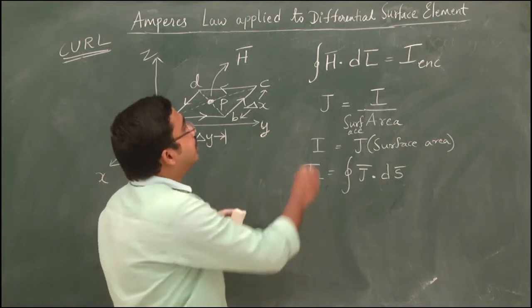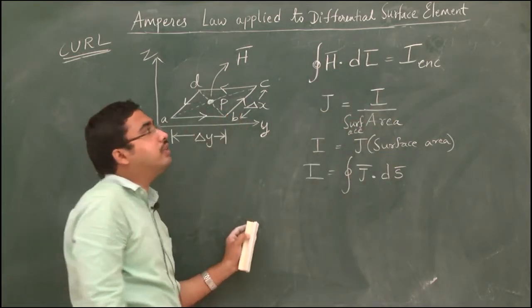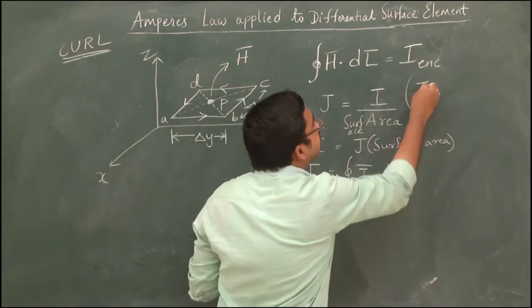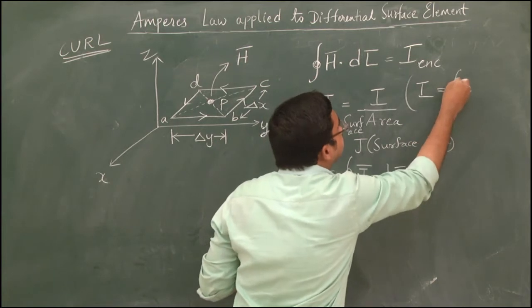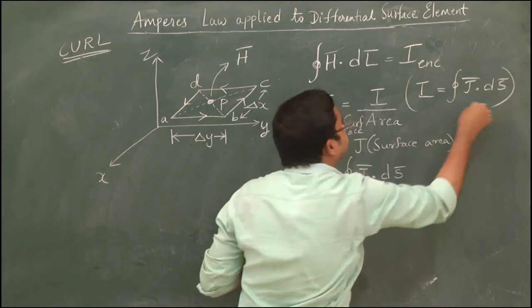Line integral of H bar dot dl bar is equal to the enclosed current, and the current is given by I equals integral J bar dot ds bar.